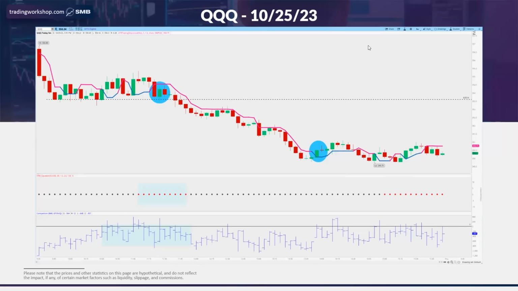And then what's my entry criteria? So I like to do two things. Right? If you're going to be really aggressive, you can short on the first close that breaks the ATR trailing stop. So you can see in this case, we're above it when the squeeze indicator starts to trigger. And so you can wait until it flips short, and a close below that is going to flip it short.